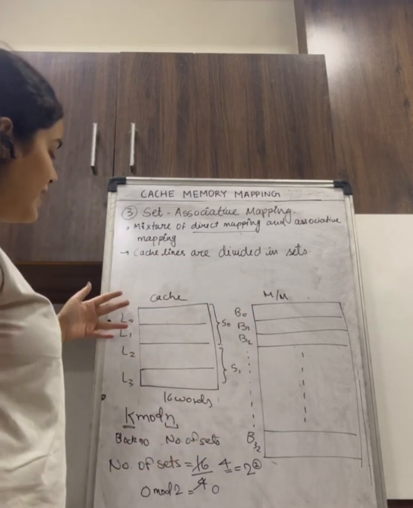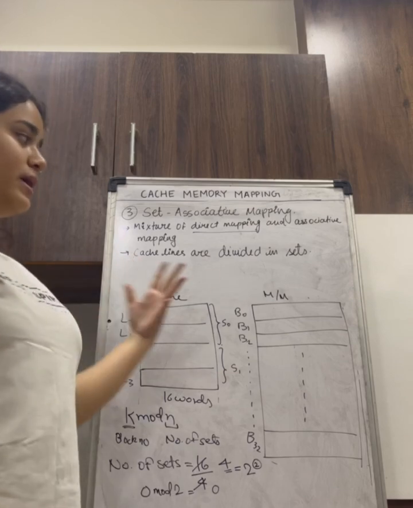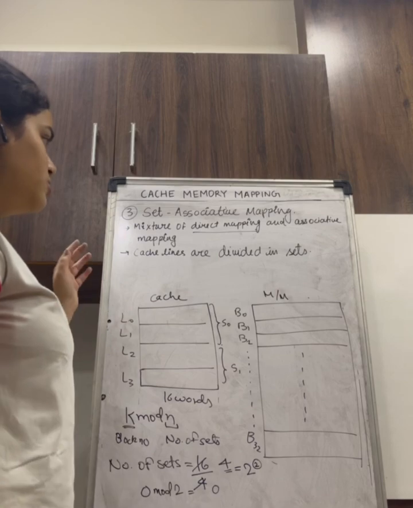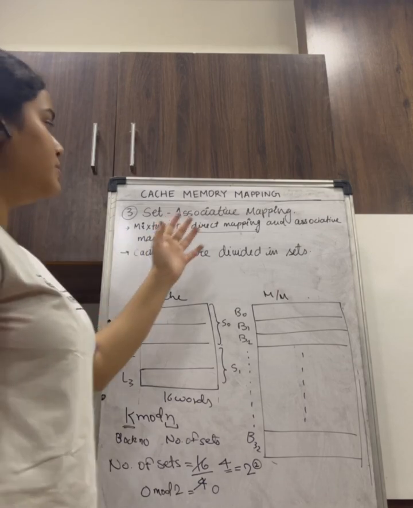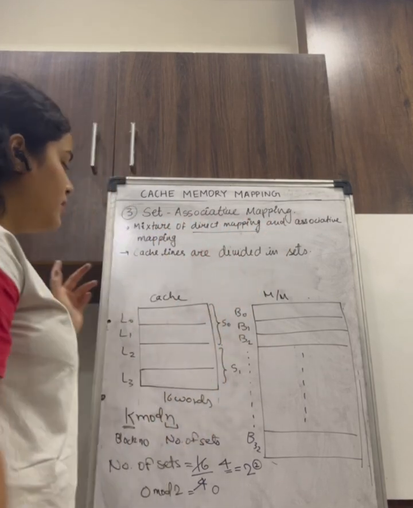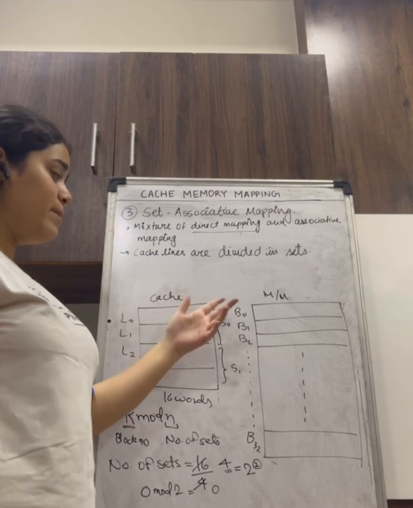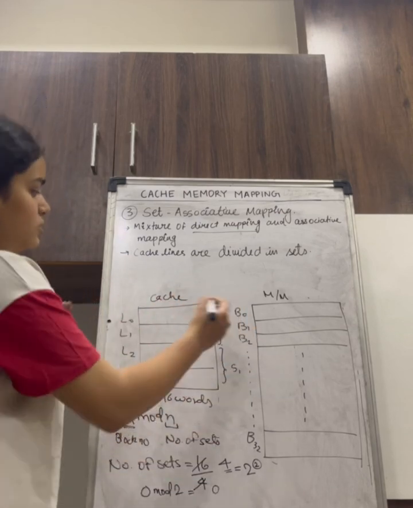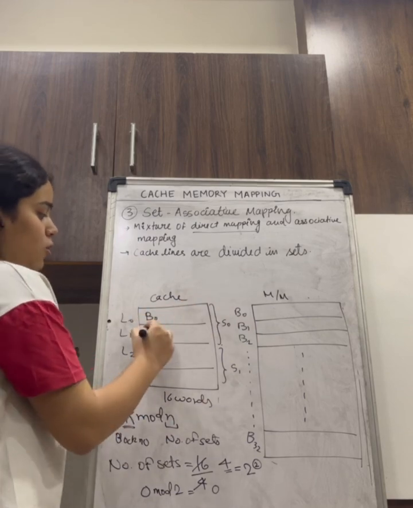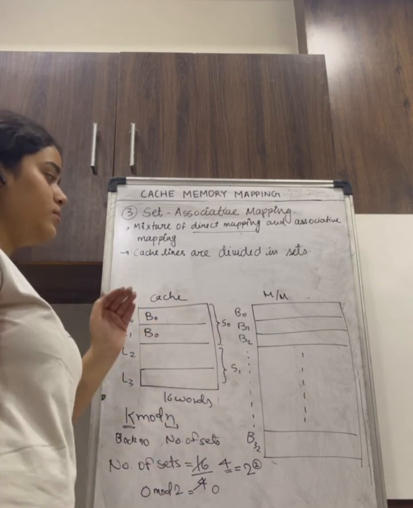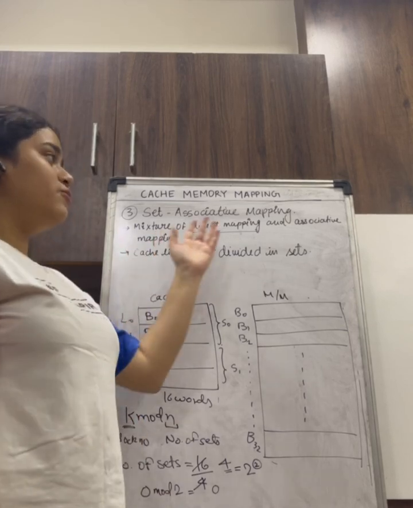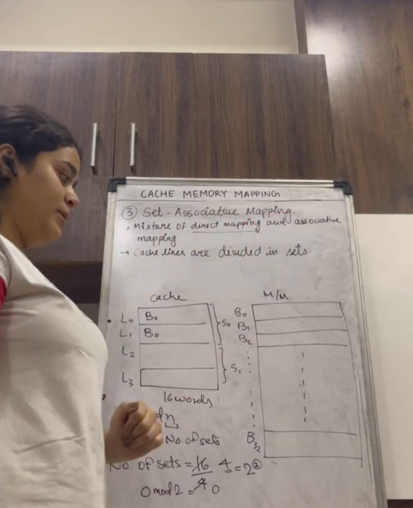Now in which line from S0 do we have to map the data, it will follow the principle of associative mapping, in which we can map the data in any line from the cache. So B0 can either be mapped here or here. So this is how set associative mapping is a mixture of direct mapping and associative mapping.